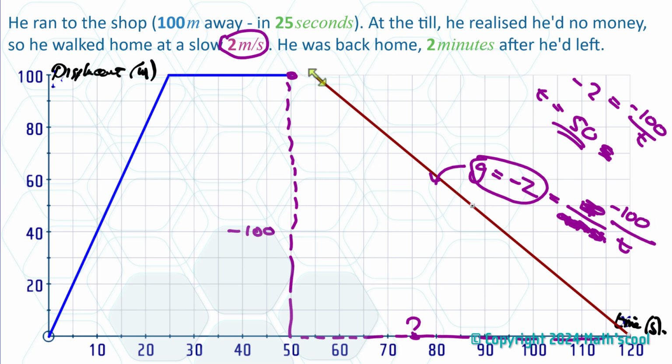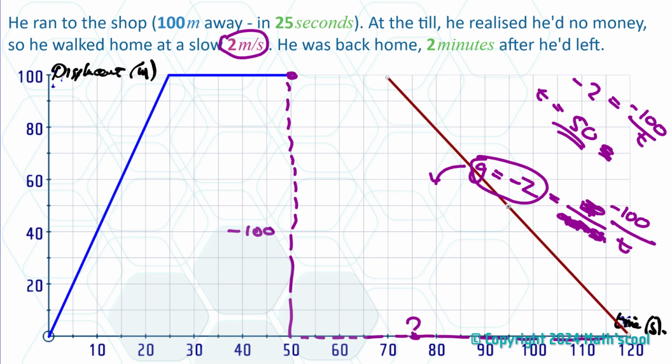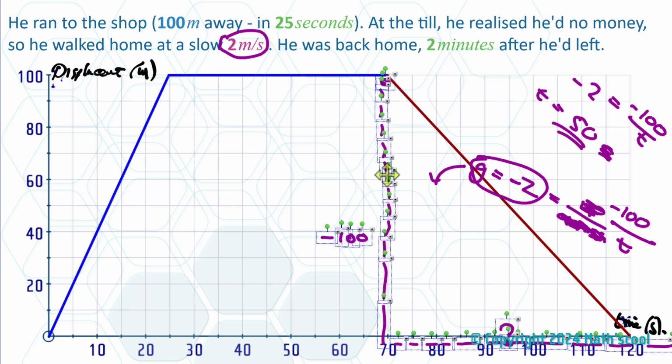I know this end of it has got to be at 70 seconds because that will be 50 seconds back from 120. So that's got to be like that, which means that's got to be like that. And that's got to all move like that. Okay, so that's made it correct. That's now minus 100. That's now 50. Minus 100 over 50 will give me minus 2.